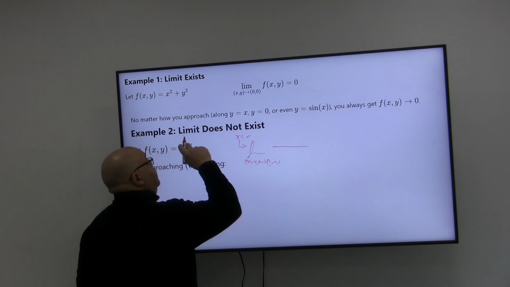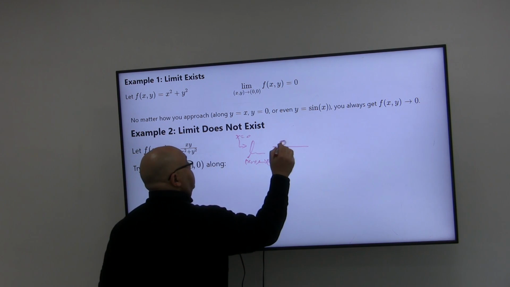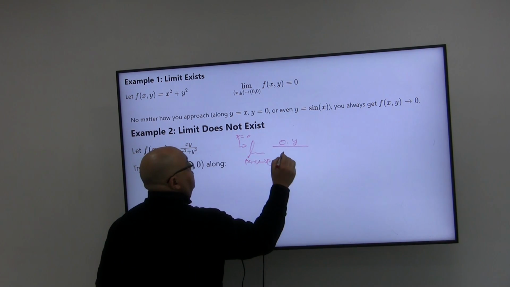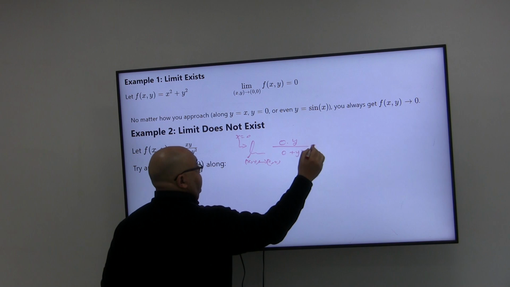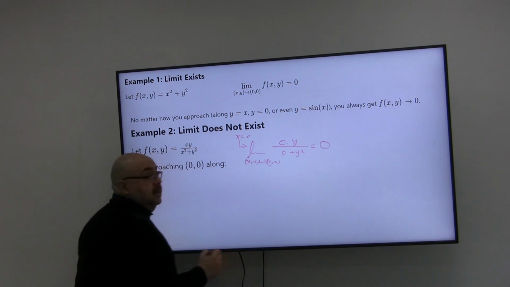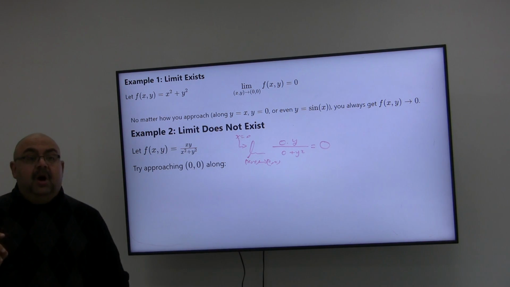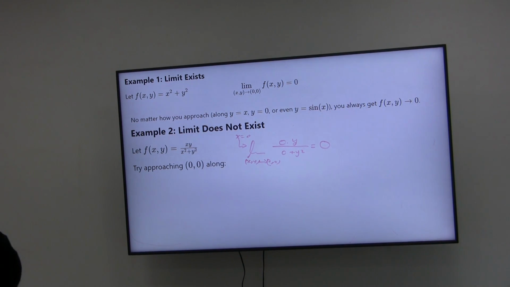So I will have to replace x with 0, so it's going to be 0 times y over 0 plus y squared. The result will be 0, because here you are using the value of the function before the limit. This is the logical order. Okay? So if you are trying to approach the origin using the y-axis, the result will be 0.